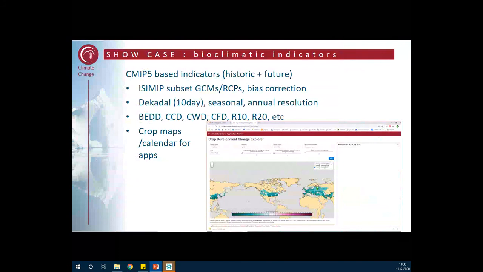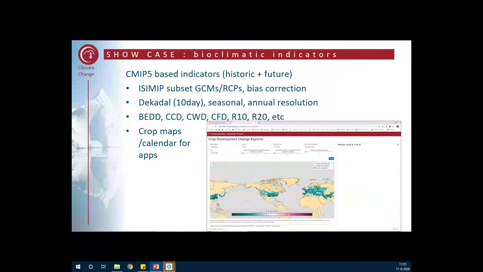The last one I will discuss is indicators based on CMIP5 projections. So now we're talking very much about the future of the coming few decades, where again we took away some of the, let's say, nasty processing steps which are not familiar for many agricultural users. So things like bias correction was already done on these data sets. There was already a selection made of representative climate models, and a selection of representative concentration pathways, so alternative futures.